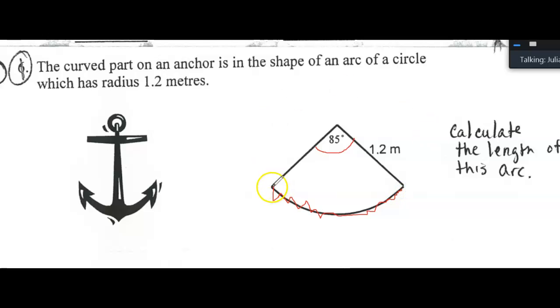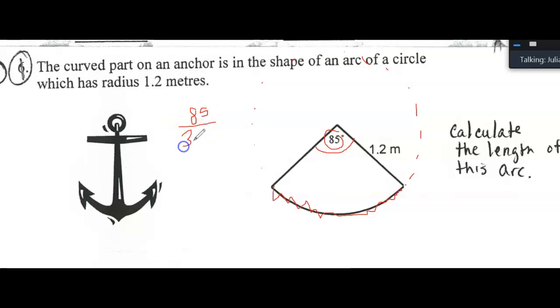So I don't want the whole circle because it's really not a, it could be, right? I could do the whole shape if I wanted to with the little dashes. But I don't want to find the whole circumference. I only want to find this piece right here. So I still use the formula for circumference, but I only use this piece, right? Part over whole. So I'm going to write 85 over, what's the whole?